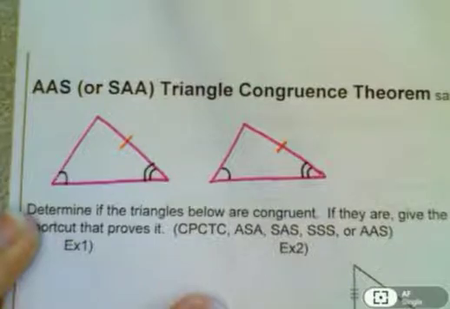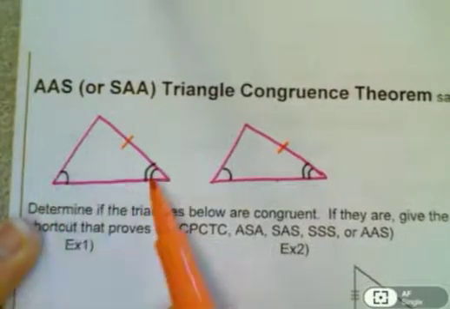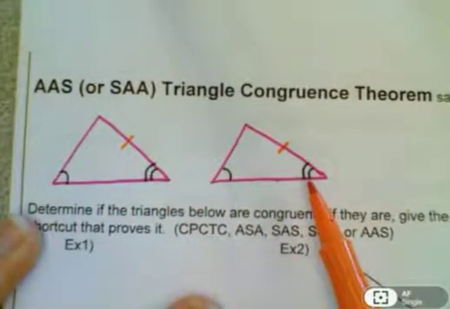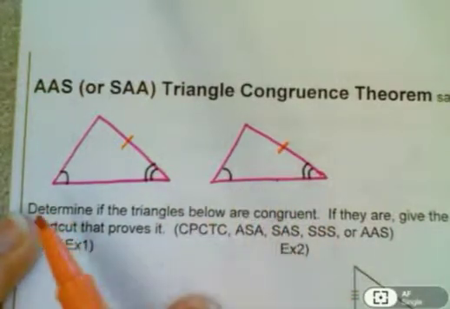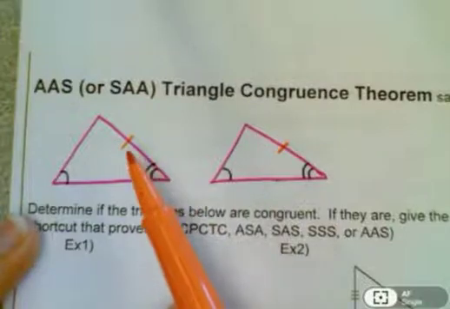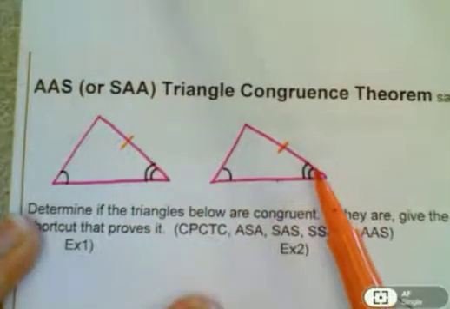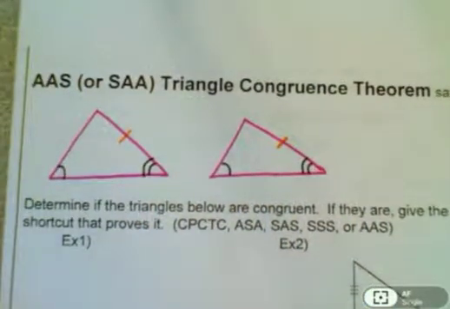And in this case, I have congruent triangles because I have two angles that are congruent and then a pair of corresponding sides that's not between them. So we've got angle, angle, side, angle, angle, side. That's what the theorem tells us.